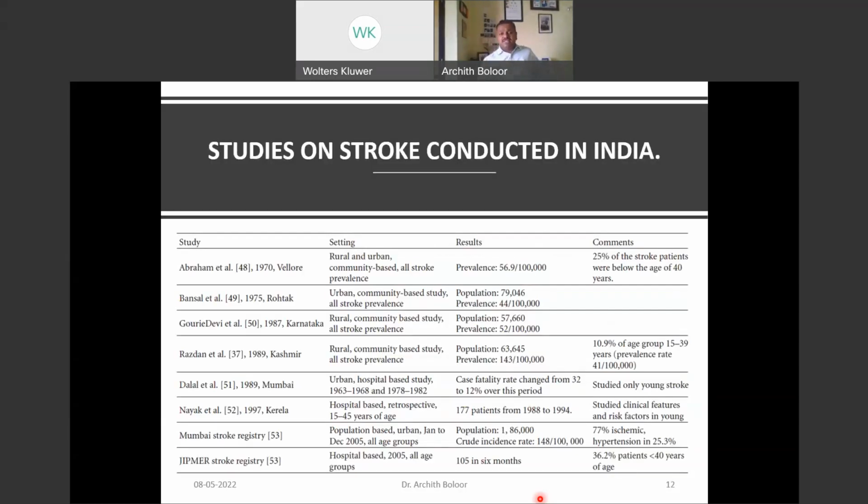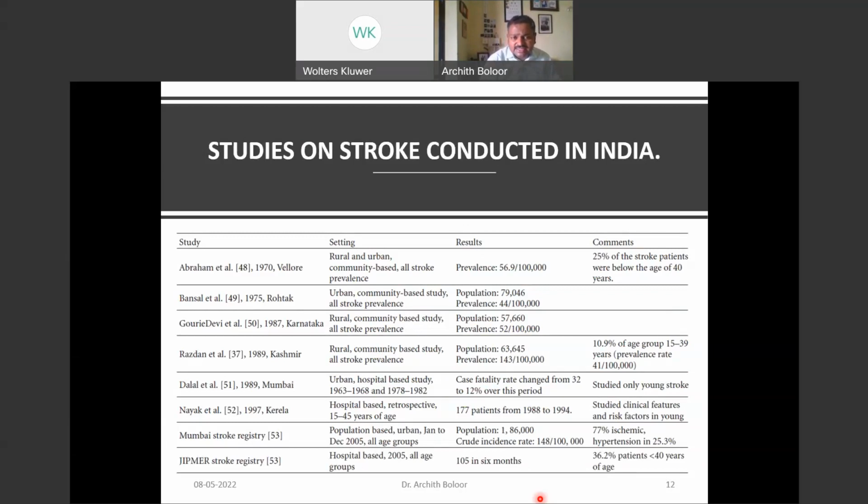Various studies have been done, and if you see Indian studies, way back in the 1970s itself, we have a large number of studies that came up from Vellore, which said that 25% of the strokes that were prevalent were in the young. And the big studies that came from Karnataka, the Gauri Devi et al., also said the prevalence was around 25 to 30%.